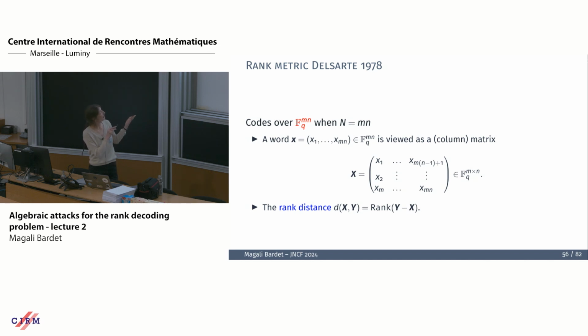You can see it as the coefficients of a matrix. You just take the coordinates and put them in a column way. And then you define the weight of a word to be the rank of the associated matrix. And it is a distance, like the Hamming distance, but a different one.